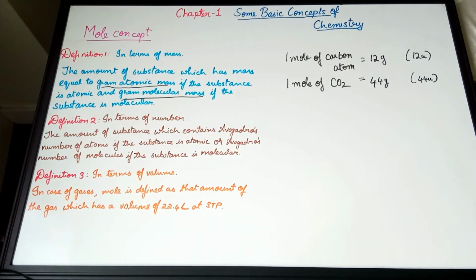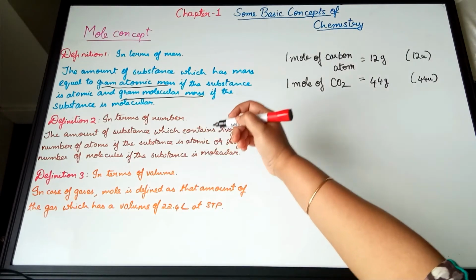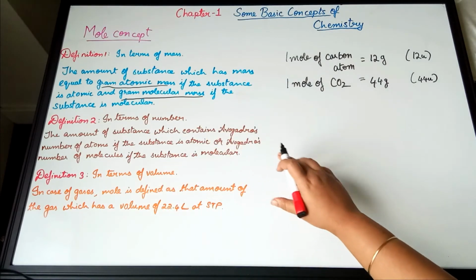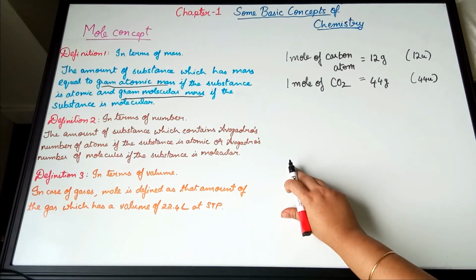So here it is with respect to mass. The second is with respect to number. Here, the amount of substance which contains Avogadro's number of atoms if the substance is atomic, or Avogadro's number of molecules if the substance is molecular.